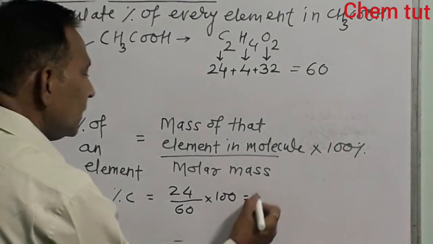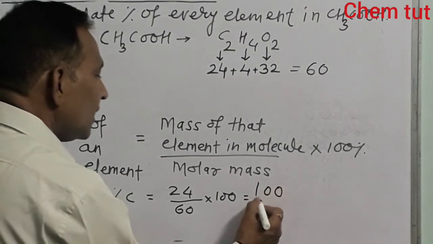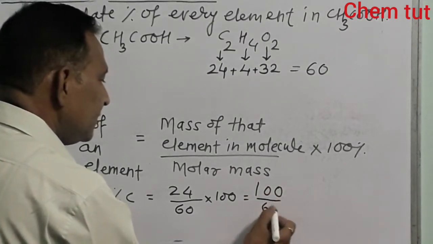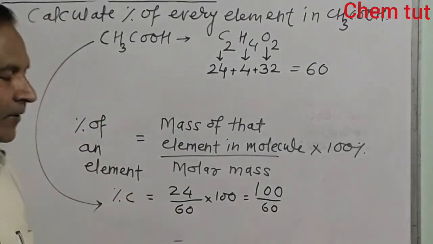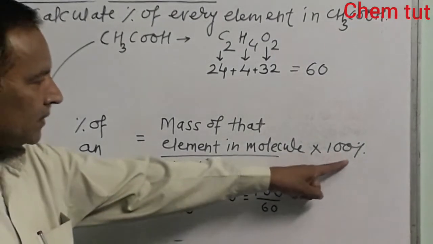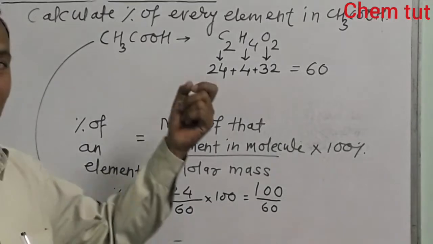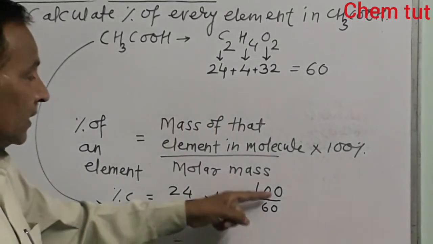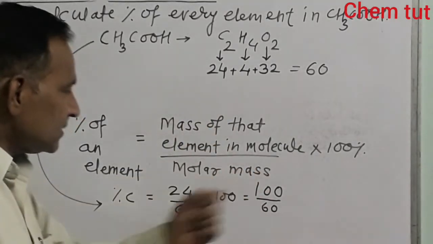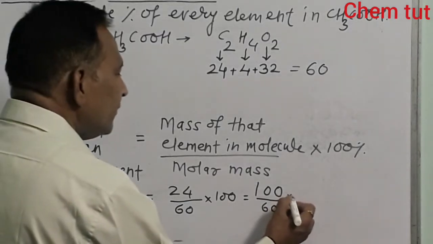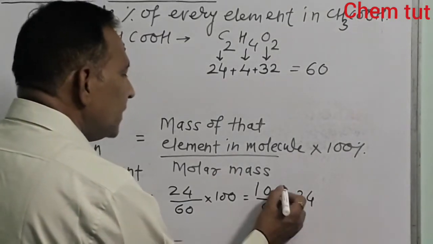So we will take one common factor. 100 divided by 60 will be common everywhere. Mind it well, friends, 100 is the real number in the formula itself, and the molar mass of that particular substance will not change. And that's why in this case 100 by 60 will be common and we'll write 24 outside the bracket like this.